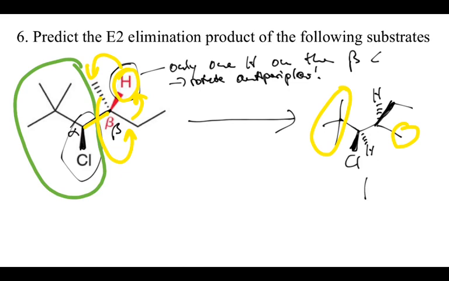That means you're going to do E2, and now you form the olefin where the T-butyl and the methyl are on opposite sides, and the hydrogen and the ethyl are on opposite sides, right? You guys see that? So is this the E or the Z product? This is the E product. That's the only thing which forms. Does that make sense? So that's the anti-periplanar stuff.